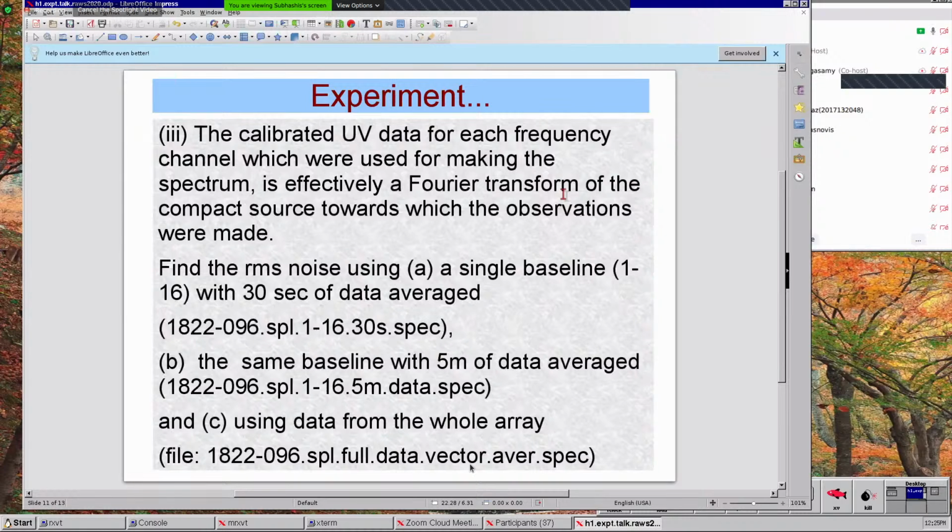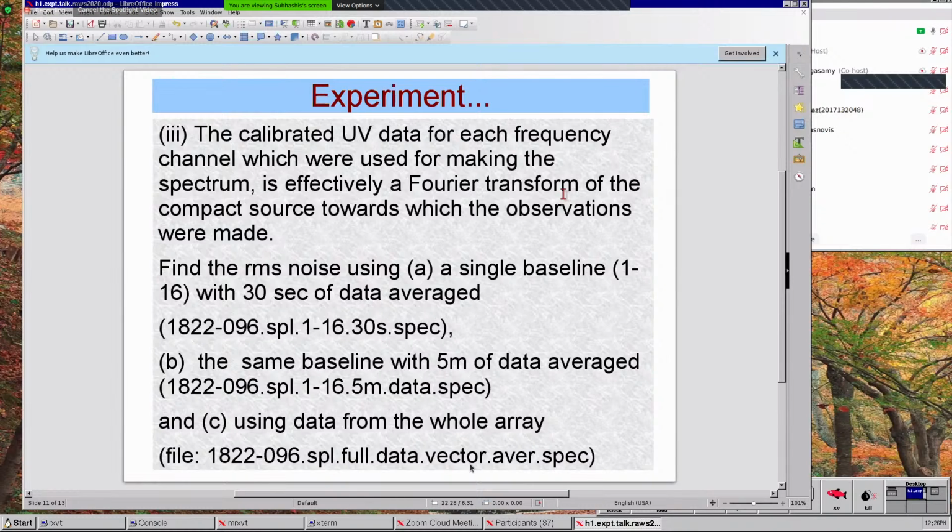Number 3 is a bit different, and I hope Avinash Deshpande has already covered a bit about interferometry. The idea here is that the calibrated UV data for each frequency channel, which were used for making the spectra, is effectively a Fourier transform of the complex source towards which the observations were made.